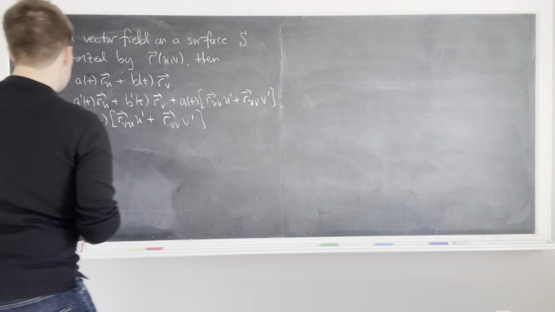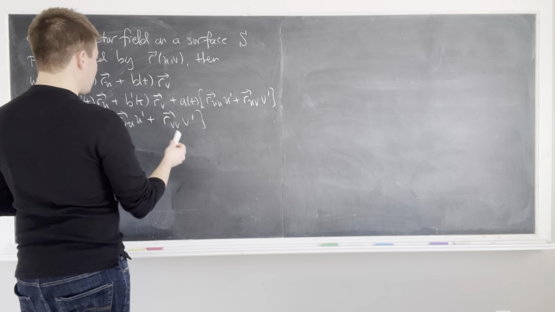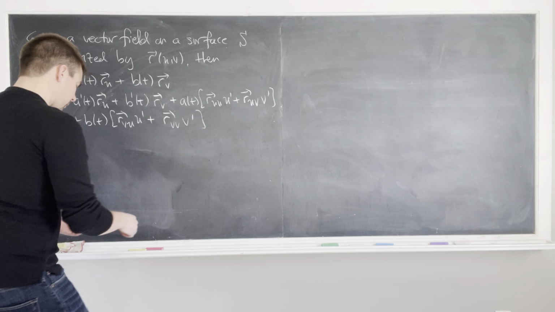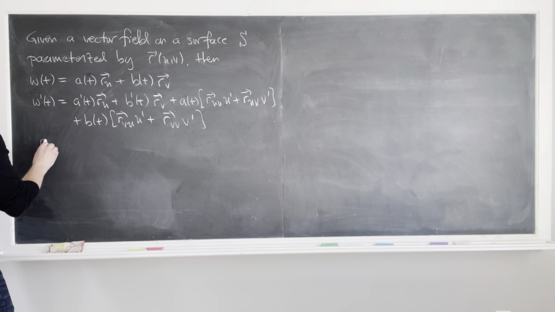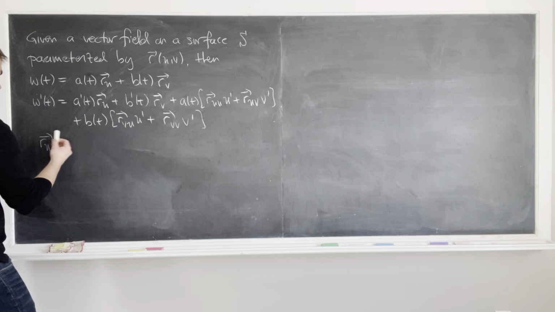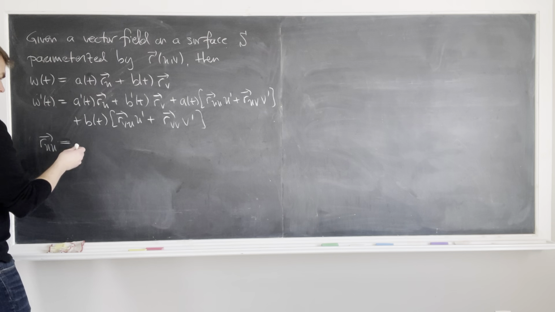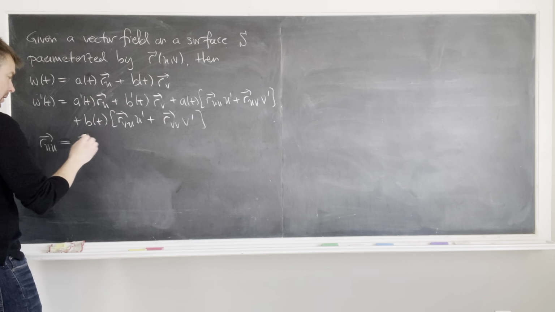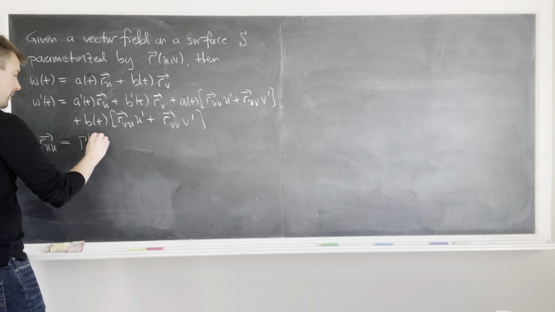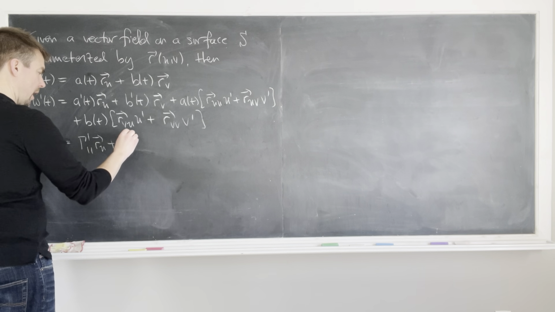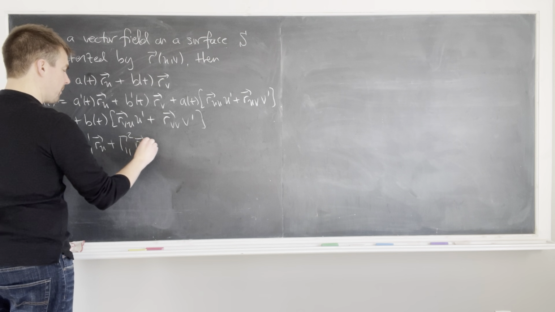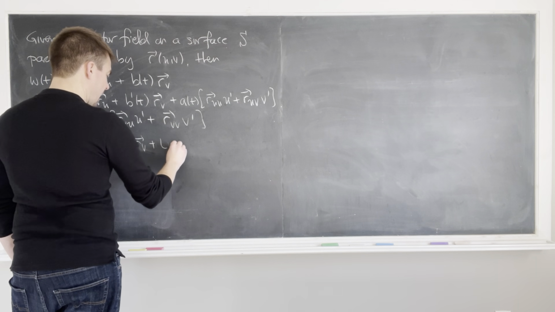Beautiful. Okay. Now I can expand out these things. I'm going to look at the coefficient of R_u, for example. What can we say? We can say that R_uu is really gamma 1,1,1 R_u plus gamma 2,1,1 R_v plus L n hat.